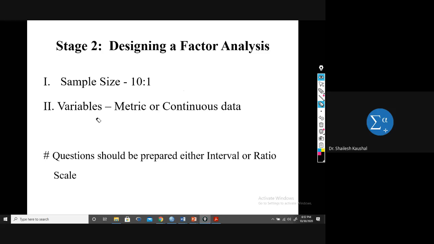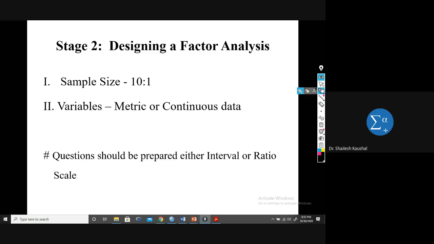Second is the variables: what type of questions should we prepare for conducting exploratory factor analysis? Here we take only metric or continuous data, collected on either an interval or ratio scale.